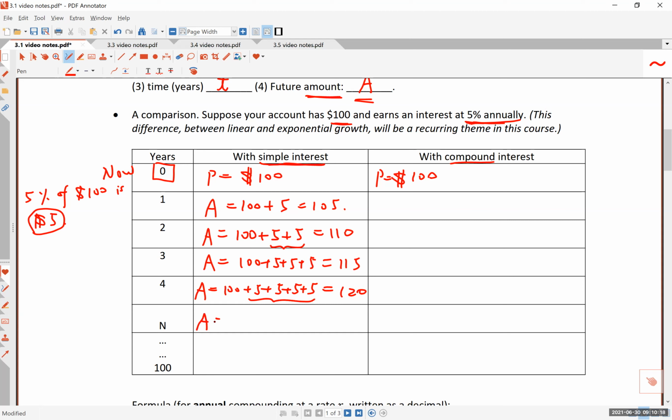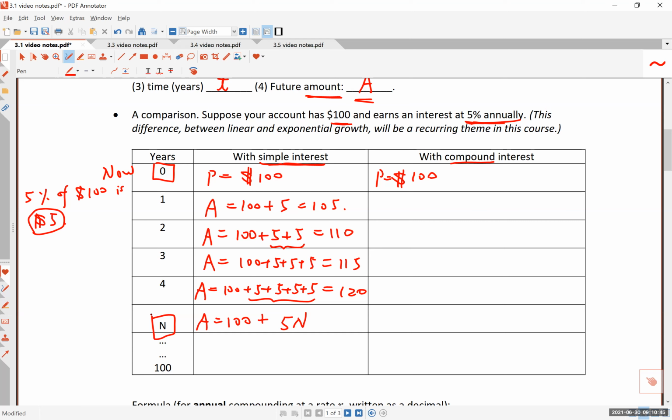After n years, you add to your original initial deposit n times $5 because you are getting $5 in interest for n years, once a year, right? So you can write that number as 5n, which means 5 times n. Okay, so that's the formula for simple interest.